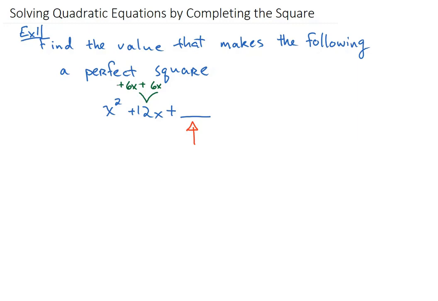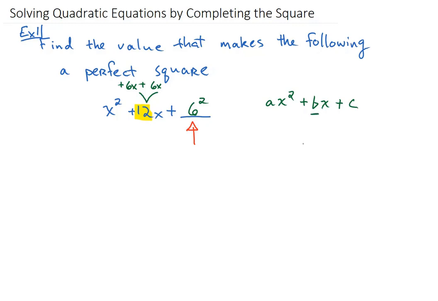And then the other thing we saw is that what goes in the blank here are those twins squared. So it would be a 6 squared, or 36. For those of you that prefer a formula approach, what you do is take this number that's in front of the x, and we usually call that b. So if you think of the equation you're aiming for, ax squared plus bx plus c, then the number in front of x is the b.